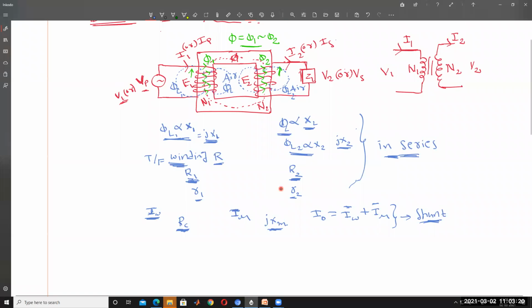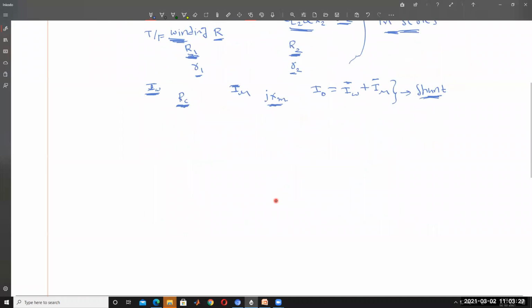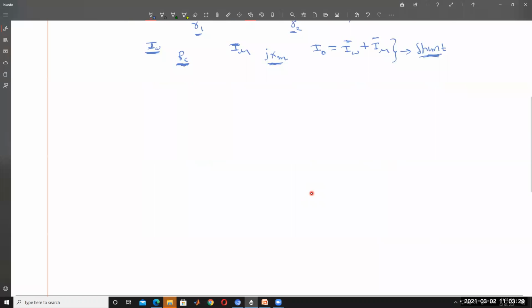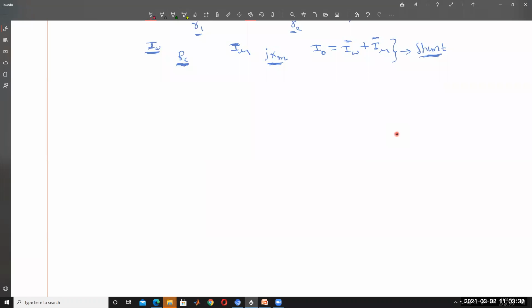Then we will draw the equivalent circuit of the transformer, the exact equivalent circuit. This is the primary winding of the transformer, and this is the coupling between the windings.